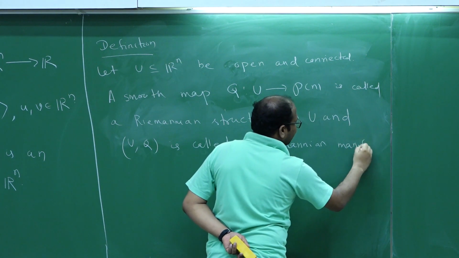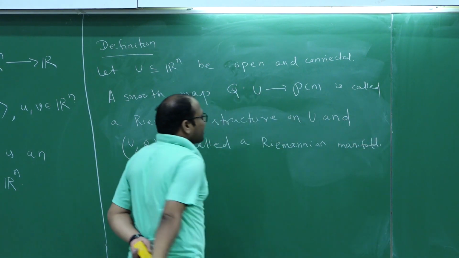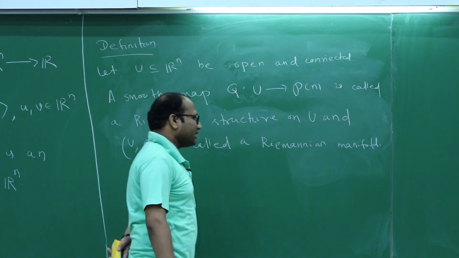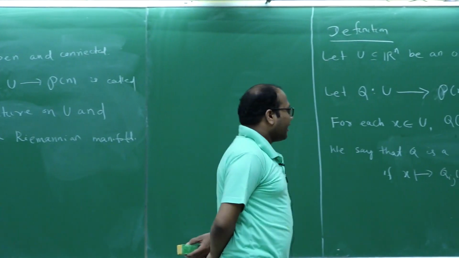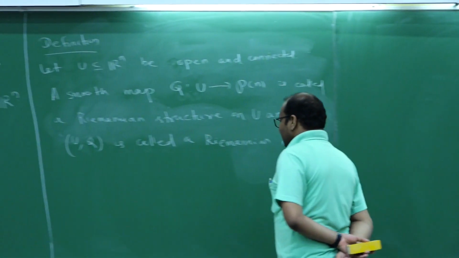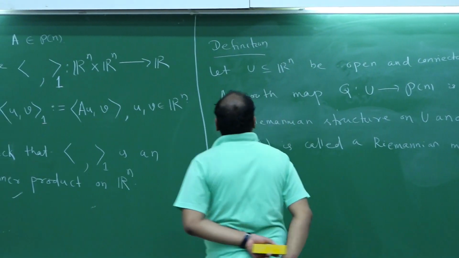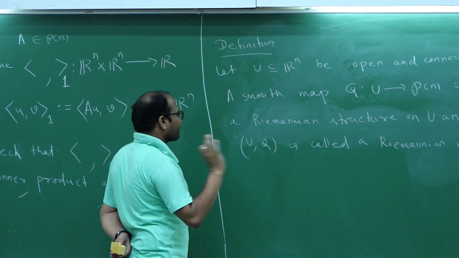As I said, there is a much more general definition of a Riemannian manifold, but since I will deal with only the upper half space and Euclidean spaces, this definition is sufficient for my purpose.